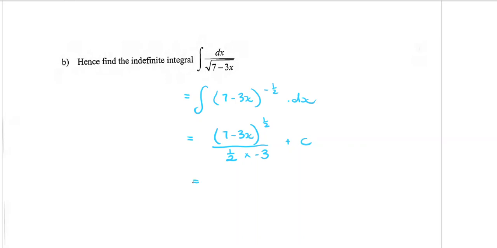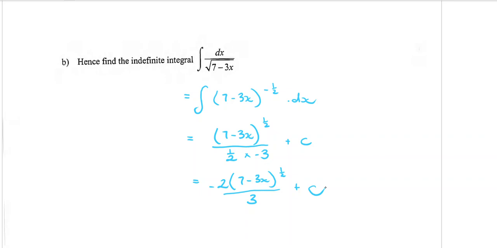So tidying that, 7 minus 3x to the positive a half. I'm just going to fix these numbers first. So half times negative 3 is negative 3 over 2. So now it's probably a good time to flip that upside down to be negative 2 here and 3 on the bottom. I am still not done because my question was in square root form.